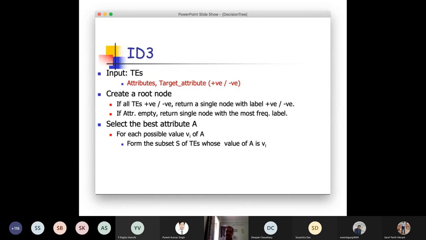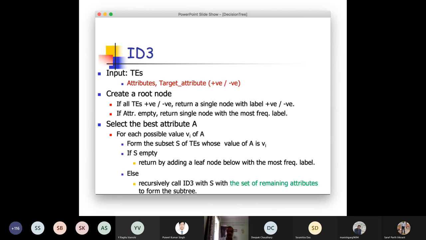That means you are inducing a partition, and for each partition you are computing with respect to the attribute A, and then naturally if S is empty, then of course you can return by adding a leaf node below with the most frequent label, and else you recursively call ID3 with S and the set of remaining attributes to form the subtree.